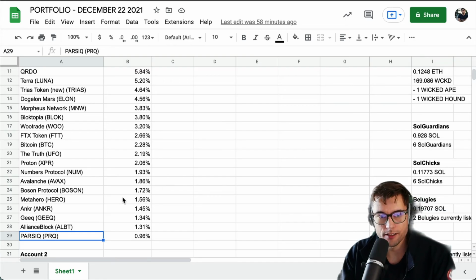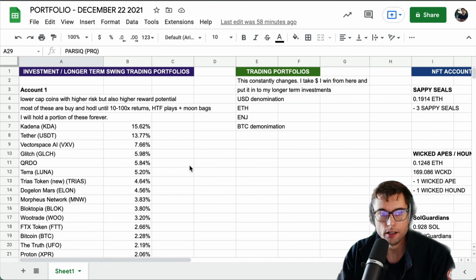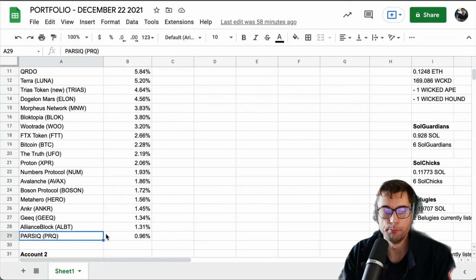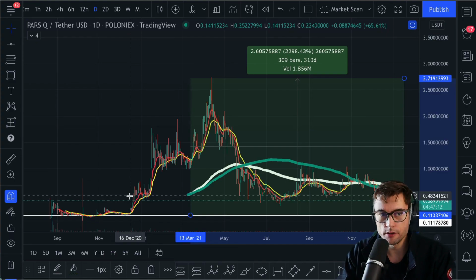Okay, and the last coin that we have in the investment / longer term swing trading portfolio account is Parsec. PRQ, Parsec is a great coin in my opinion.